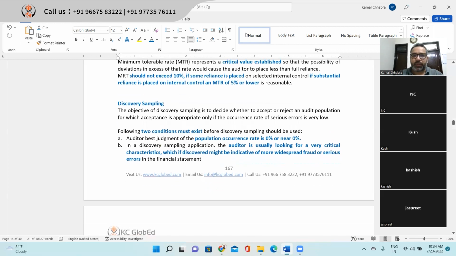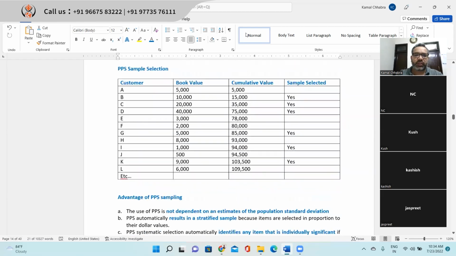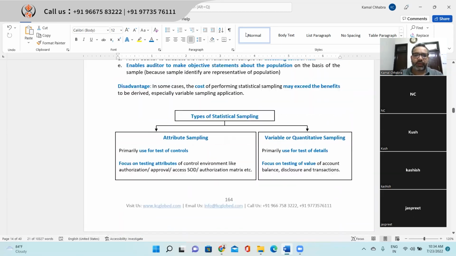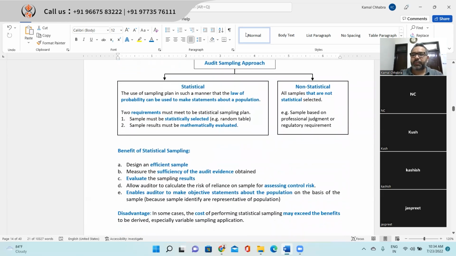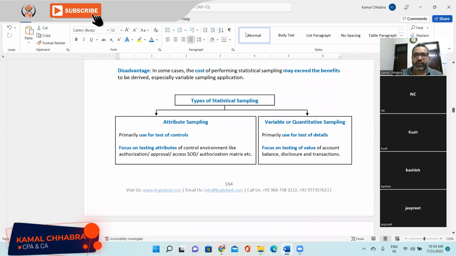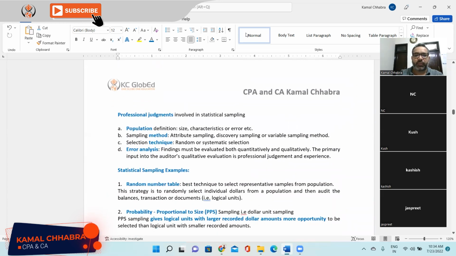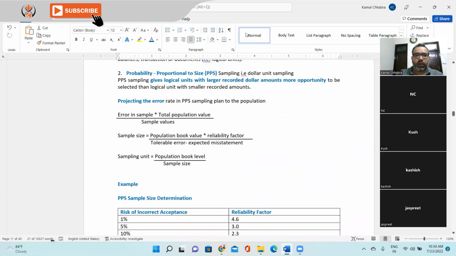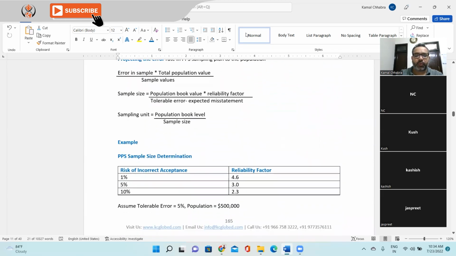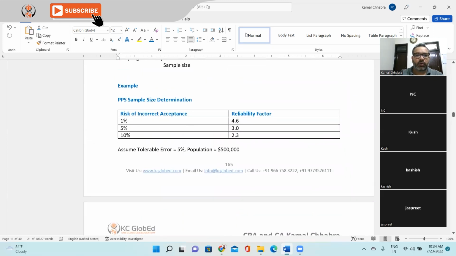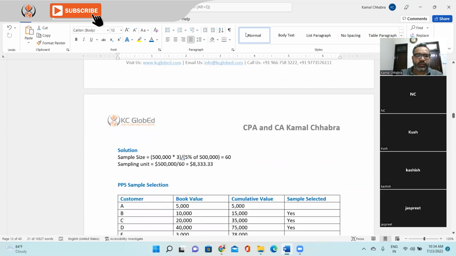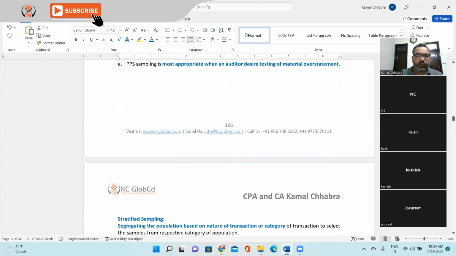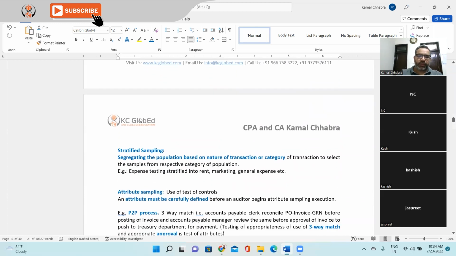Discovery sampling. So what techniques have we discussed so far for sampling? Statistical sampling and non-statistical sampling. Within statistical sampling, we are discussing attribute sampling, variable sampling, and then random sampling. Second, probability proportionate to size, and then third, we were discussing stratified sampling.